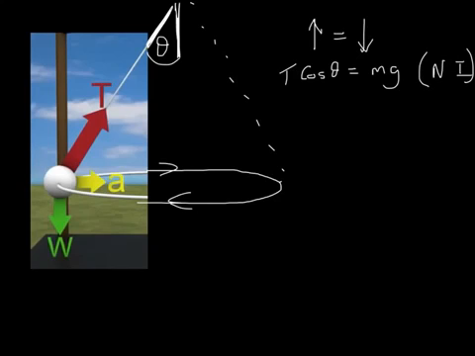Main problems here arise when people try and describe what's happening in the horizontal direction. And you often see people writing an outward force that's then being balanced by the horizontal component of T. So you would sometimes see people writing something like this.